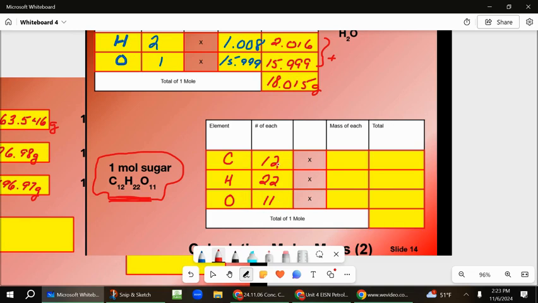Esmeralda, what is the mass of every carbon atom on the periodic table? 12.01. Okay, thank you. All right, what is the mass of every hydrogen atom on the periodic table? Adeline, sorry, my bad, Adeline. 1.008.